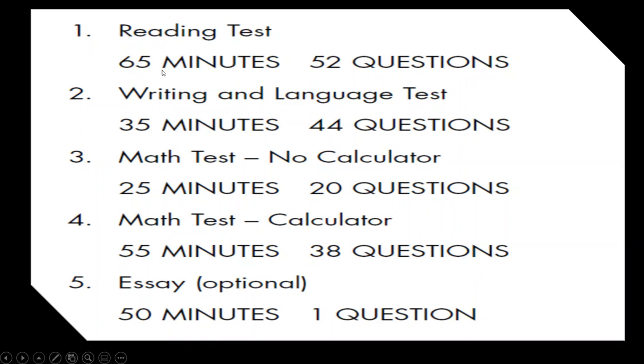So for the reading test, we have 65 minutes to answer 52 questions on different texts. The writing and language test also includes different passages with 44 questions to be answered in only 35 minutes.